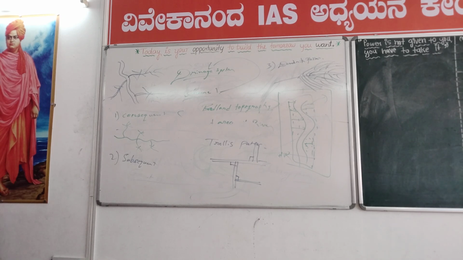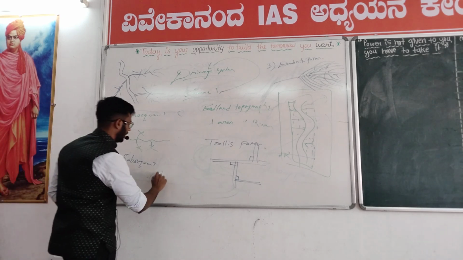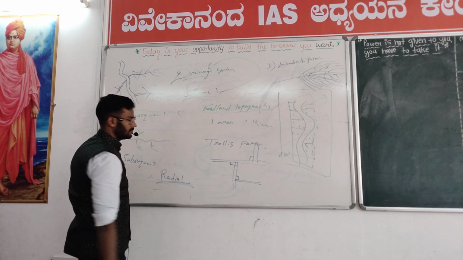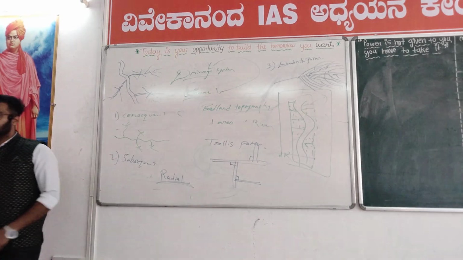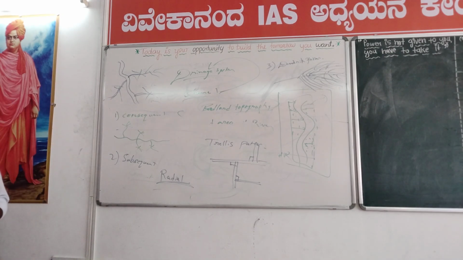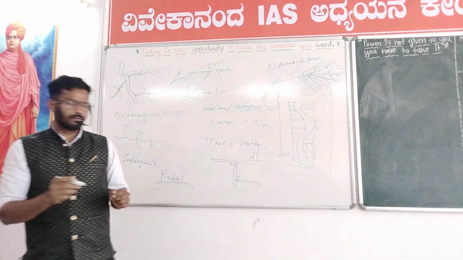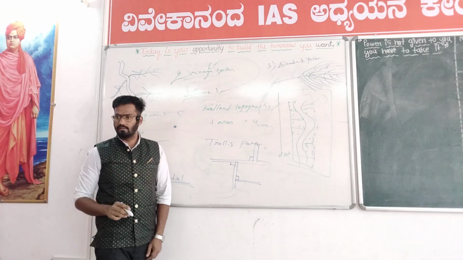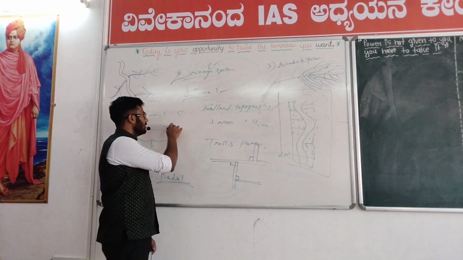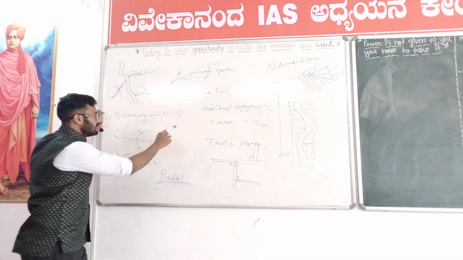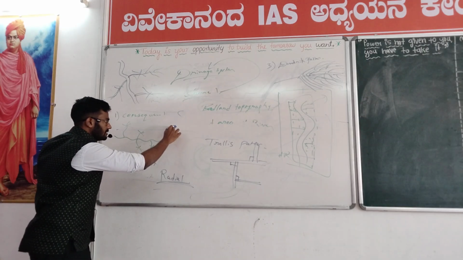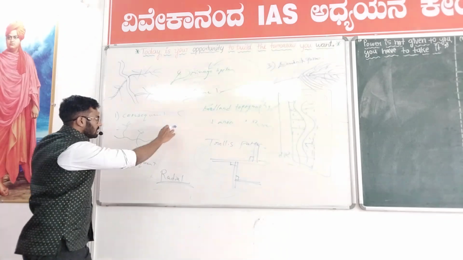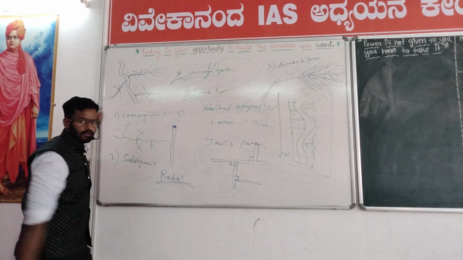Next, radial pattern. Radial. See, consider this is the single point of river origination, and normally if it is consequent, if the river originated from here, like the Ganga river originated from Gangotri, it flows in one direction.